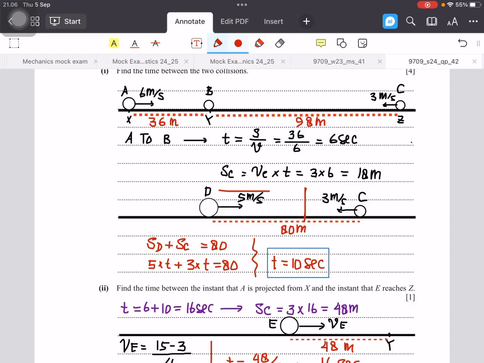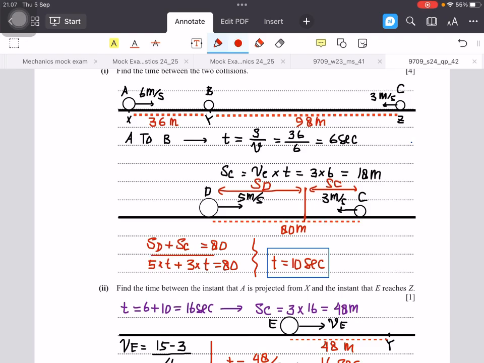So this one is the distance traveled by object D, and this one is the distance traveled by object C. So from this diagram, it is clear that SD plus SC, the total, is 80 meters.